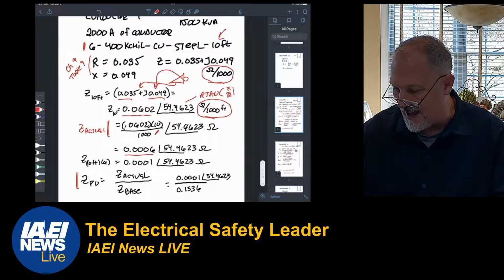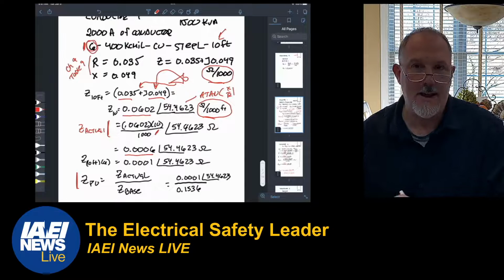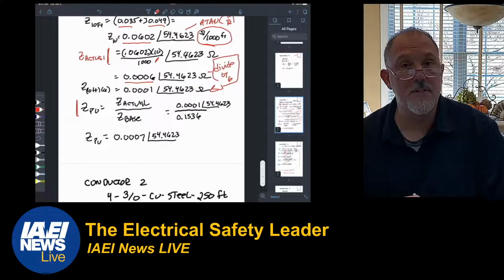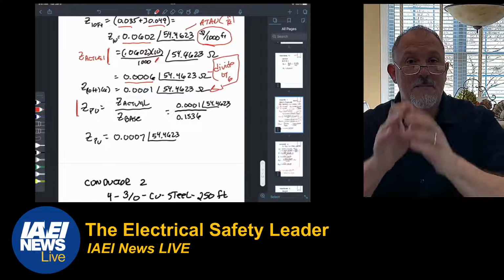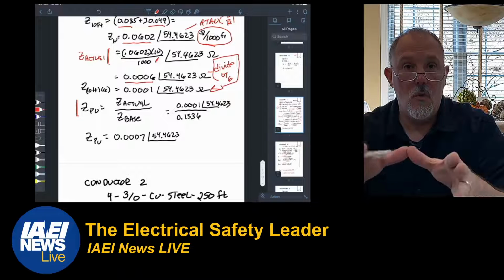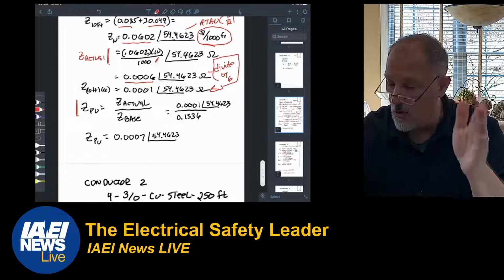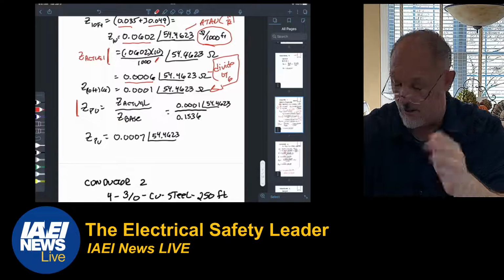It's because I have 6 in parallel, so I have to divide that by 6. And that gets me 0.0001. That's my actual ohms, not per 1,000 foot. That is my actual ohms for that 10 foot of conductor.